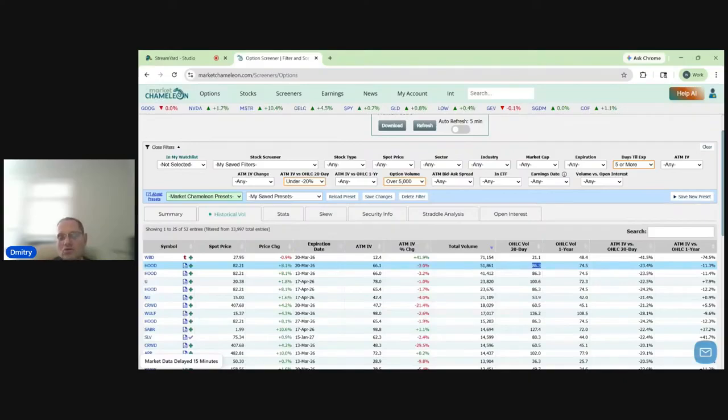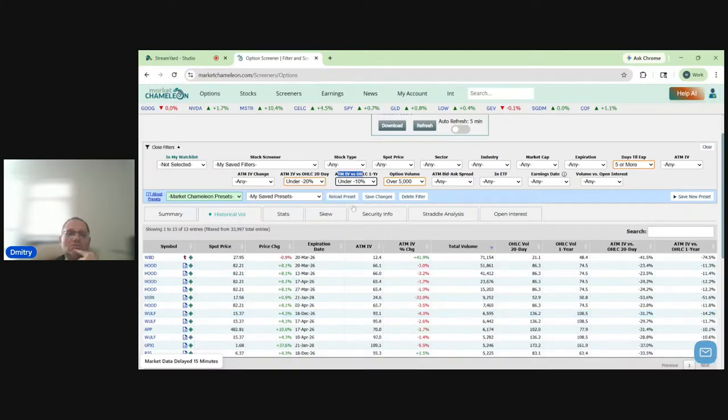We could go further and require that it's below the 1 year. So we could come over here and say, well, if we use the 1 year volatility, we want to see implied vol, let's say, more than 10% below that 1 year.